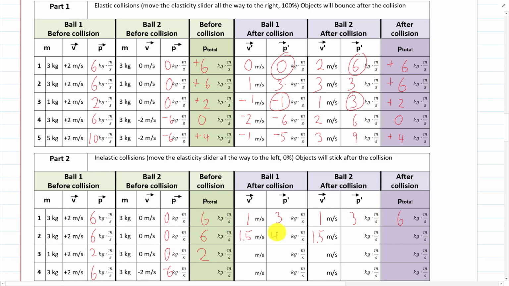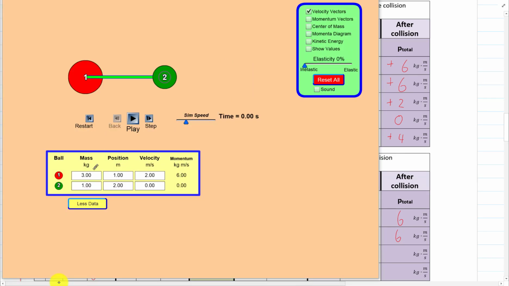1.5 times 3 is 4.5, and 1.5 times 1 is 1.5. So this is going to be 6. It's 1, 2, and 3, 0. Play. Bam.